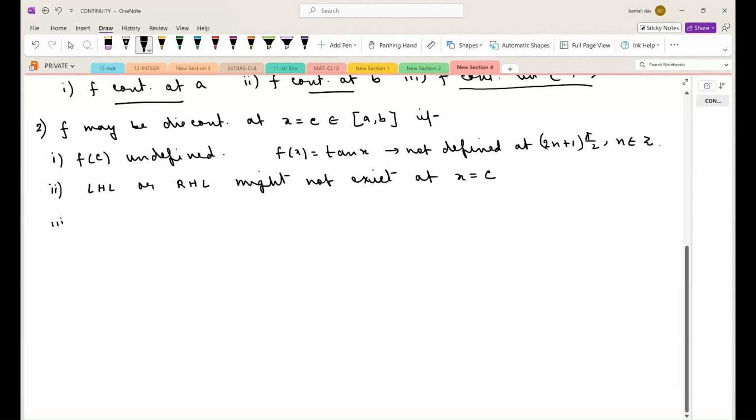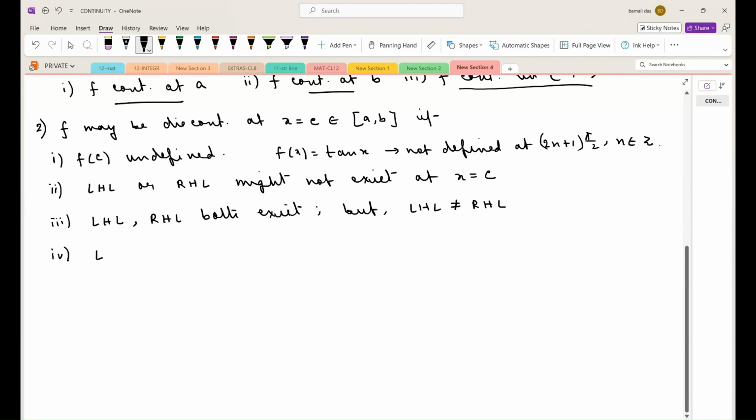Third, both LHL and RHL exist, but they are not equal. So LHL is not equal to RHL. Again, the function will become discontinuous at x equal to c.